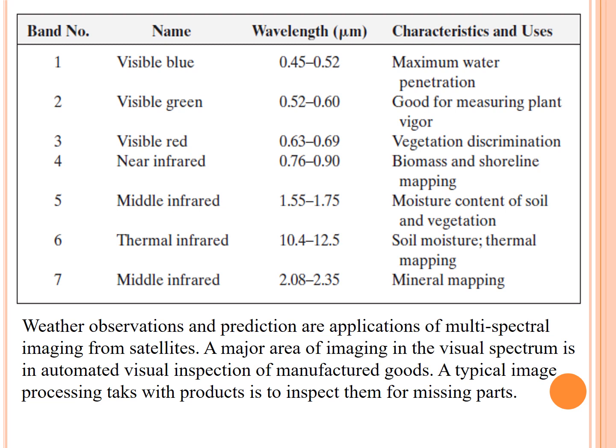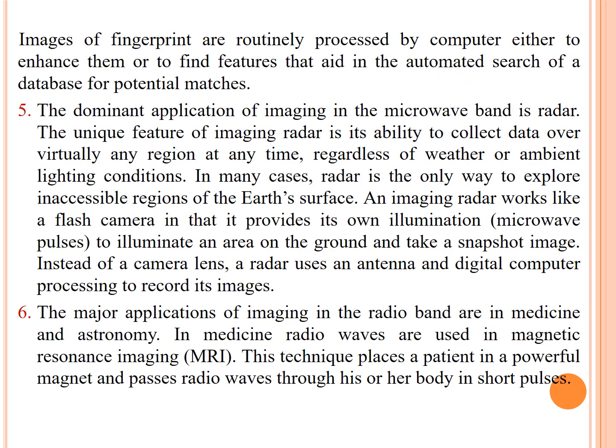A typical image processing task with products is to inspect them for missing parts. Images of fingerprints are routinely processed by computer, either to enhance them or to find features that help in the automated search of a database for potential matches.